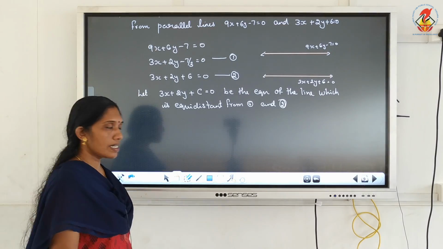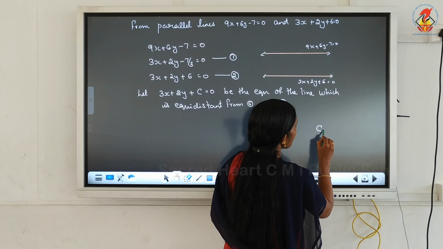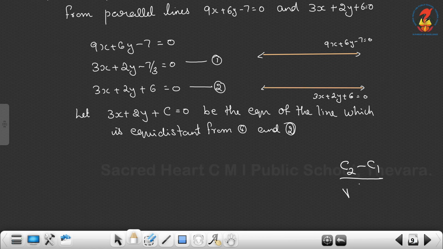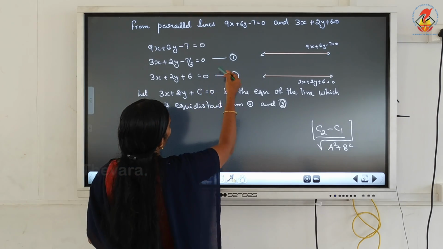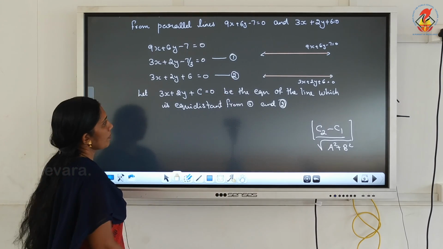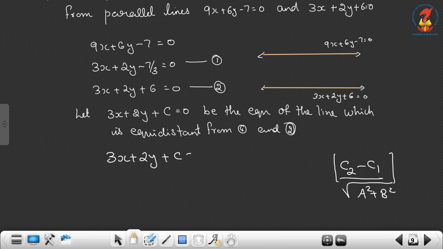Now, what is the distance between two parallel lines? The distance between two parallel lines is modulus of (c2 - c1) by root of (a square plus b square). We can apply that. So, what is the distance between 1 and 3? Let 3x + 2y + c = 0 be the third equation.